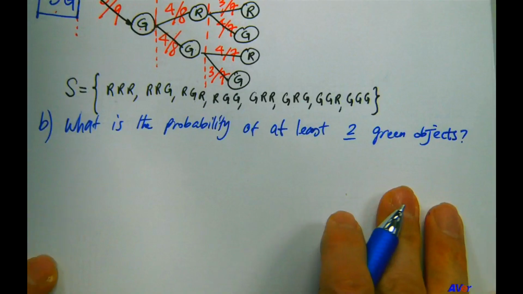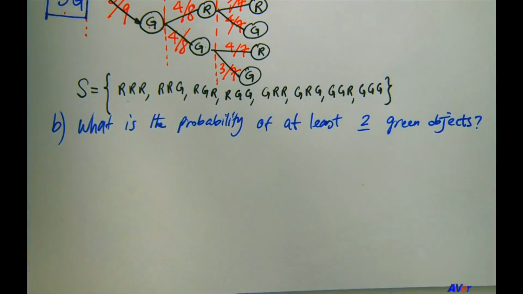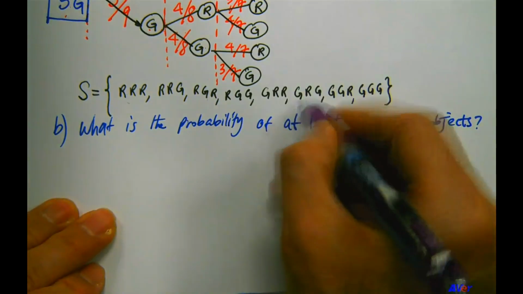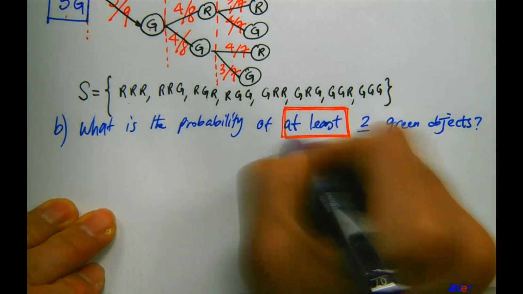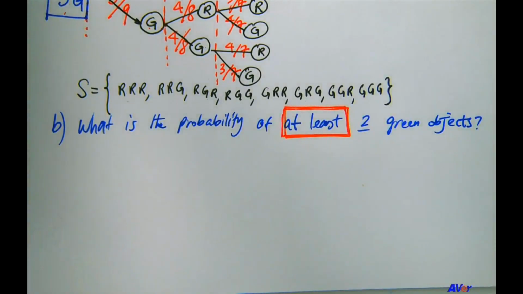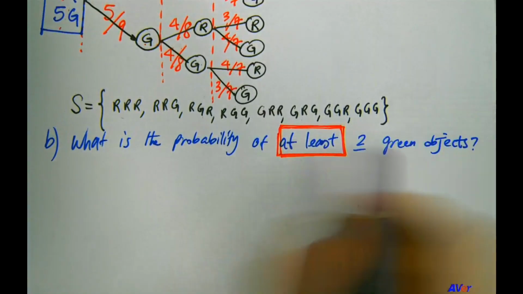Like that. Okay, so at least 2, that's very important here. This phrase is very important. So let's identify all those possible outcomes that fall into this category.